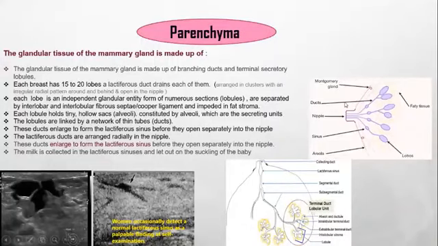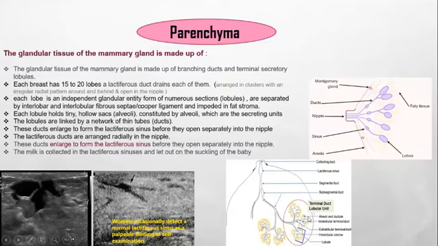Each breast has about 15 to 20 lobes or sections. So we have about 15 to 20 lactiferous ducts going toward the nipple. These larger ducts divide into segmental and subsegmental ducts, going back to terminate in the terminal ductal lobular unit or the acini.